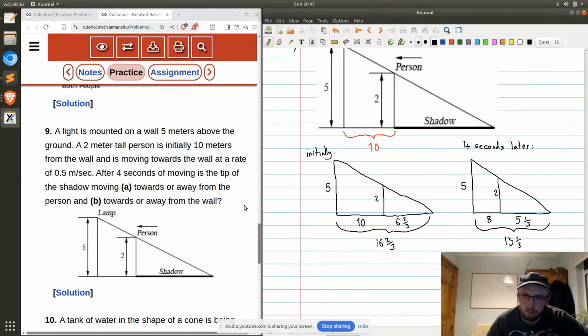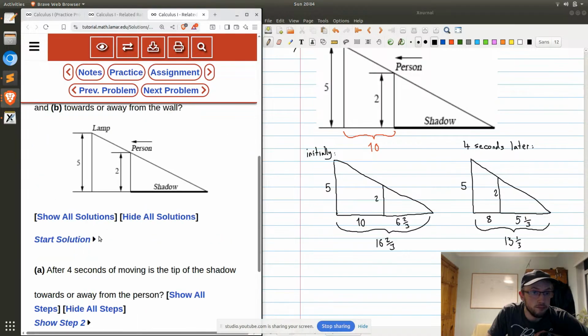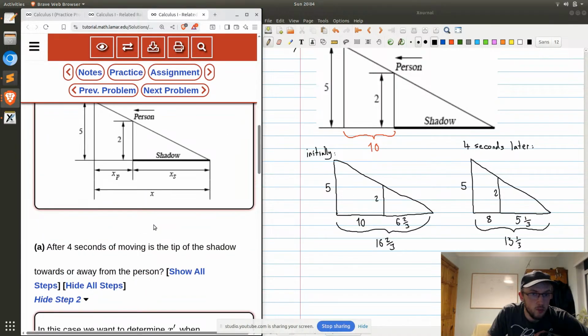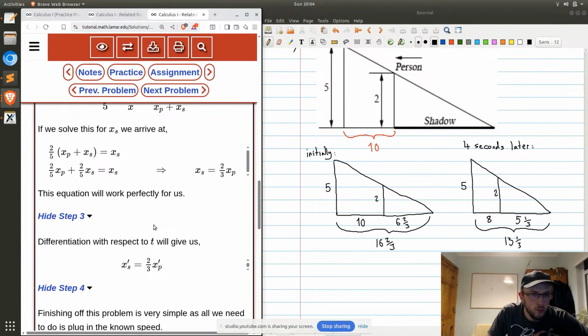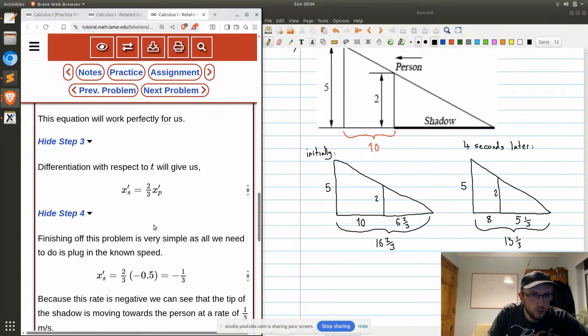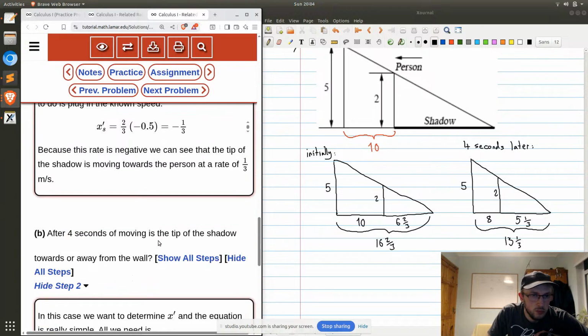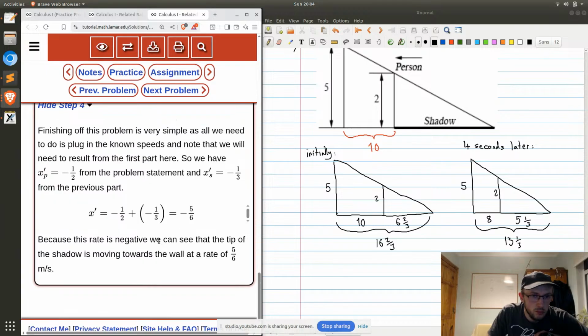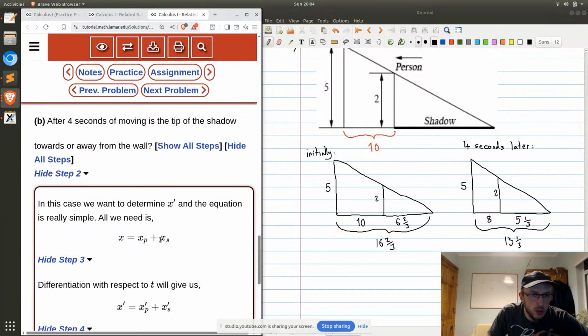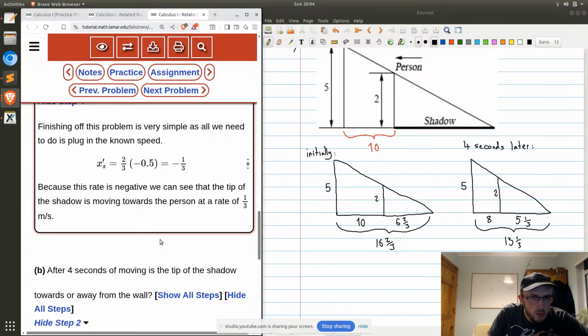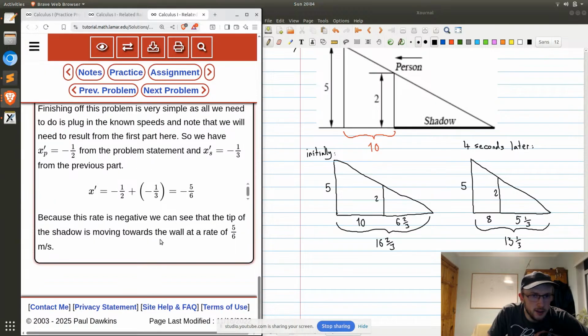So I do not understand how it's not just obviously towards in both cases, but I guess I'm going to be proven wrong. I guess, yeah.